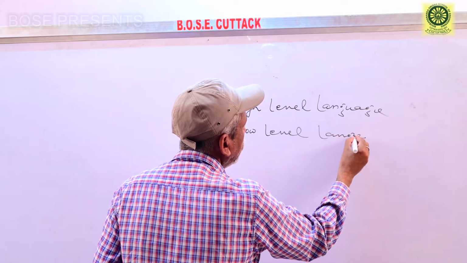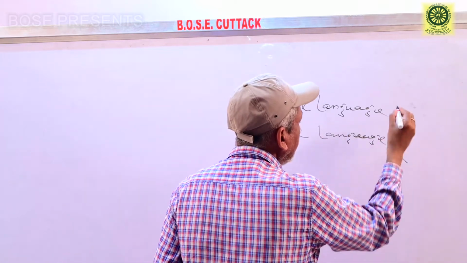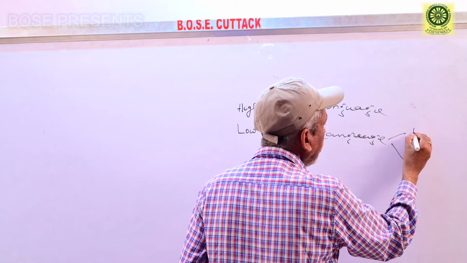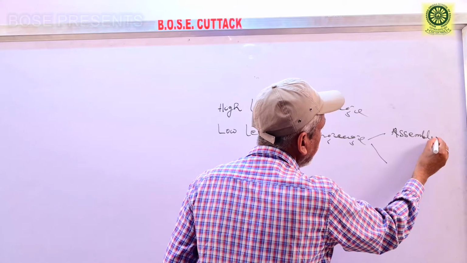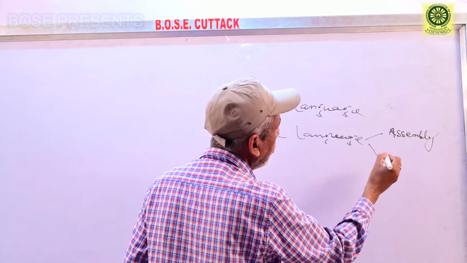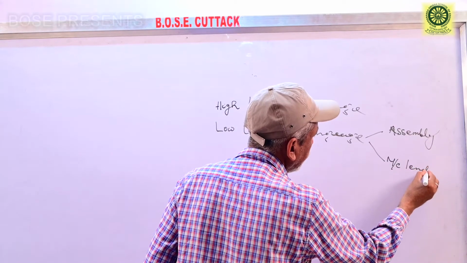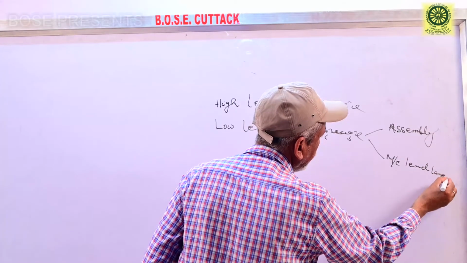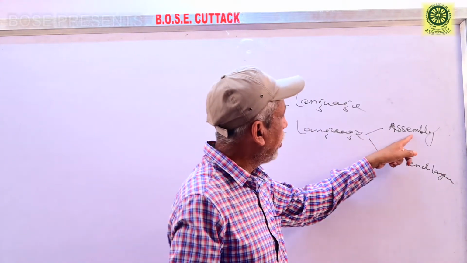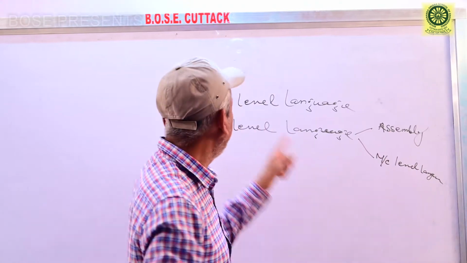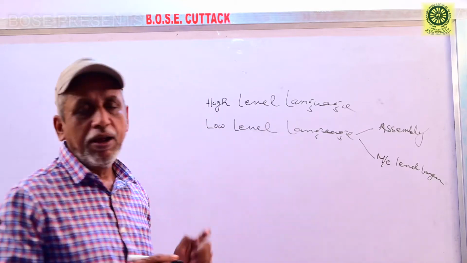Again, low level language is marked as basically two: one is assembly language, another is machine level language. So low level language includes both assembly and machine level language. But in the case of high level language, only one basic high level language is there.